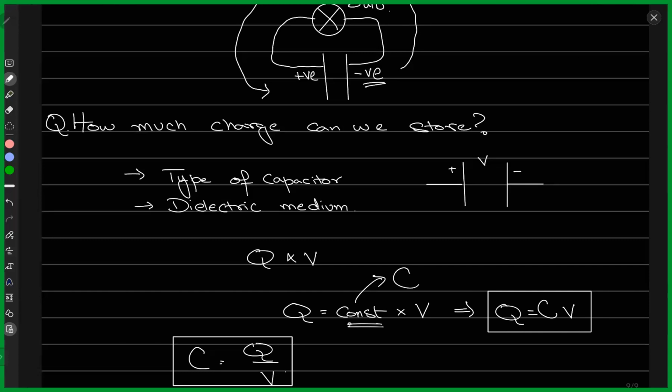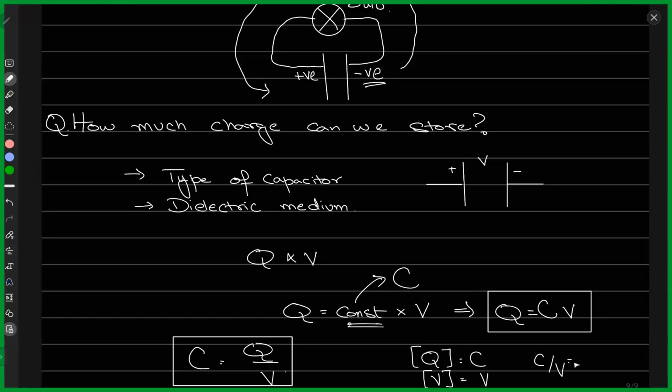Talking about the units for capacitance, we know the units for charge are coulombs. The unit for potential difference is volts. And so if we combine these units as coulombs per volt, right? So this is the unit for capacitance.